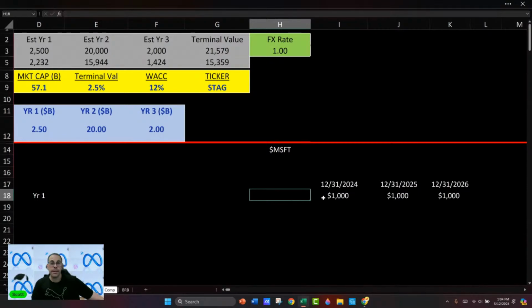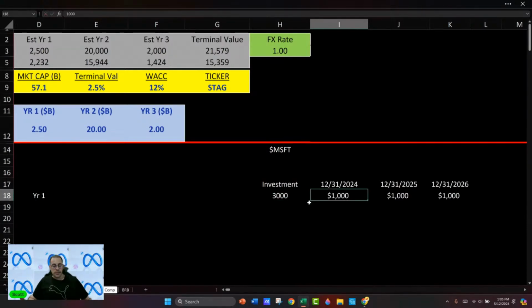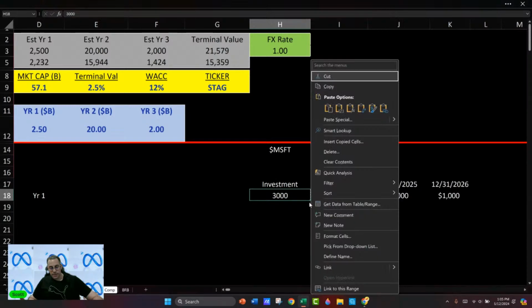So this is an investment. Somebody said they're going to offer you $1,000 at the end of this year, another $1,000 at the end of 2025, and another $1,000 at the end of 2026. So how much is the investment? Well, if they said it's $3,000, that's what you have to give me.